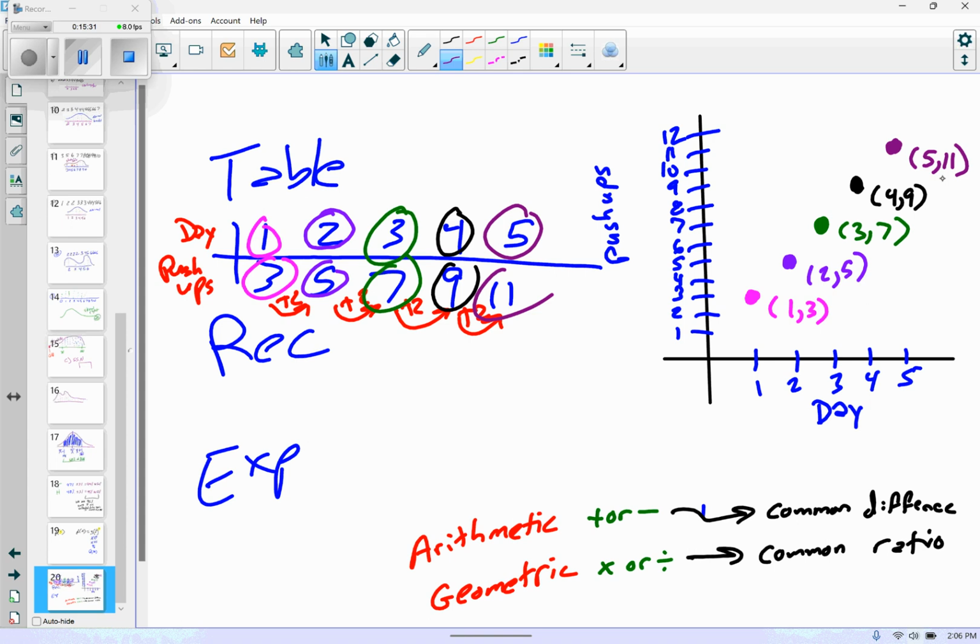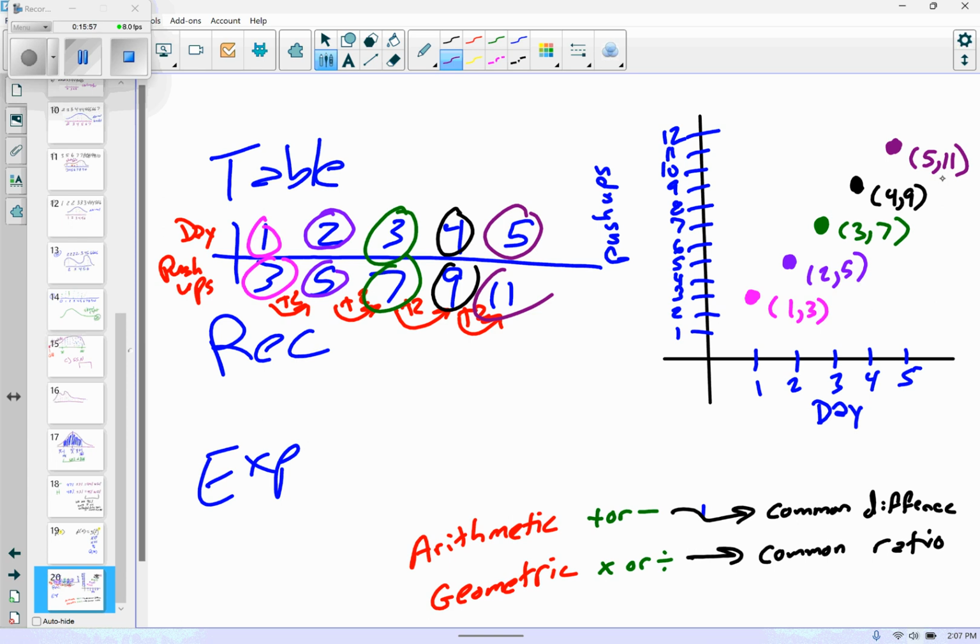Okay. So this is an awful lot of information that we've just generated. Agree? We have a whole lot of information up here. We're representing with a table. We're representing with a graph. Was this arithmetic or geometric? Are we adding or subtracting?